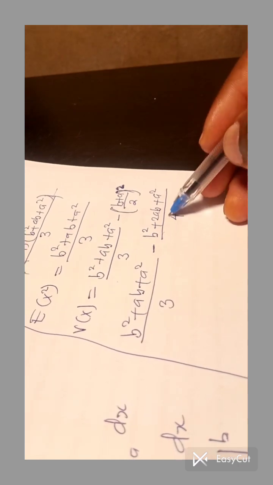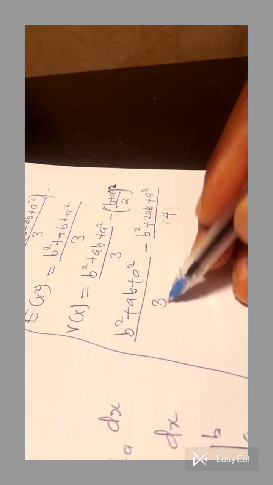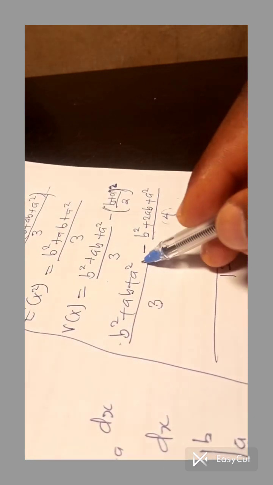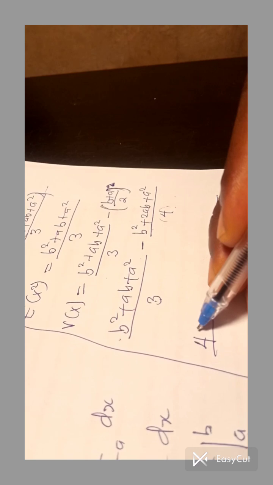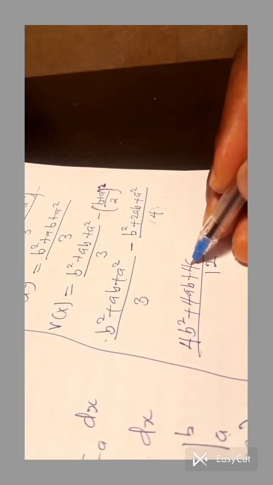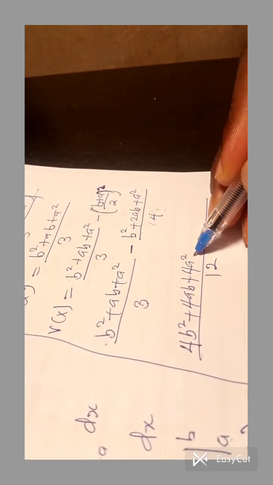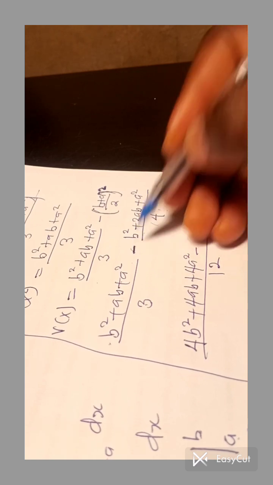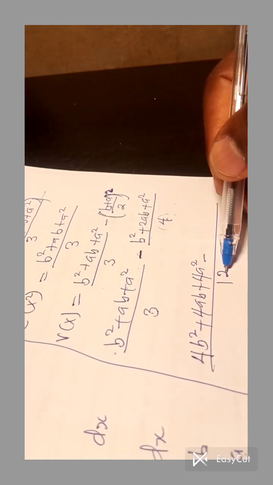And so our LCM of 3 and 4 being 12, here we are going to simplify this further. If 3 divides 12, we have 4, and if 4 multiplies everything on this side, we are going to get 4b squared plus 4ab plus 4a squared, and minus this, we are going to distribute this minus, because if 4 divides 12, we are going to get 3.